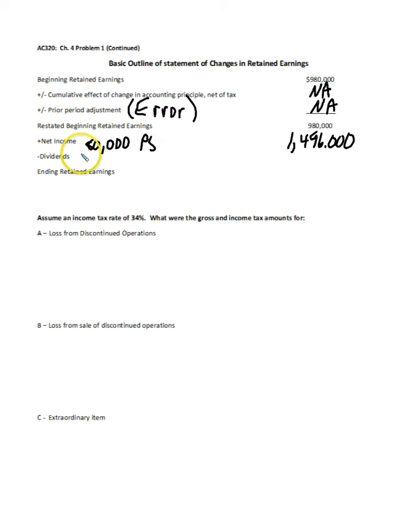And I'll just tell you, the common shareholders were given a dividend of 250,000 for the common. So that totals 330,000. Okay, so then we just take beginning plus net income minus our dividend, and we'll get ending retained earnings to be 2,146,000.